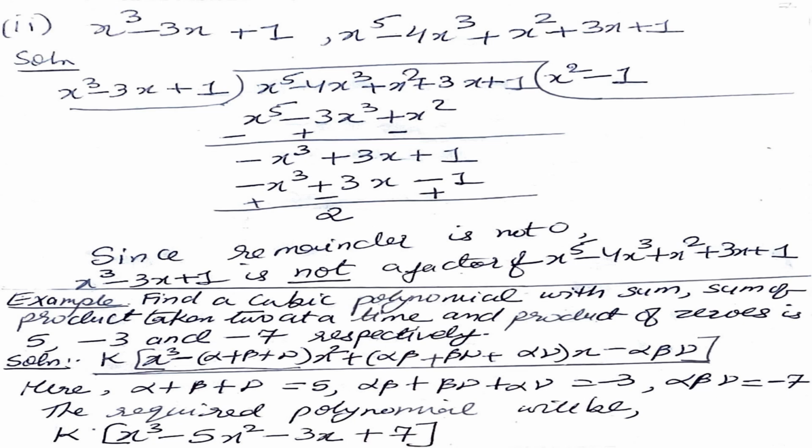Now we know the relationship between roots and the equation, so accordingly we can form the cubic polynomial. Here for the three roots alpha, beta, gamma, the sum of the roots is 5. The sum of the product of roots taken 2 at a time is minus 3 and the product of roots is minus 7. So the required polynomial will be any constant k into x cube minus 5x square minus 3x plus 7.